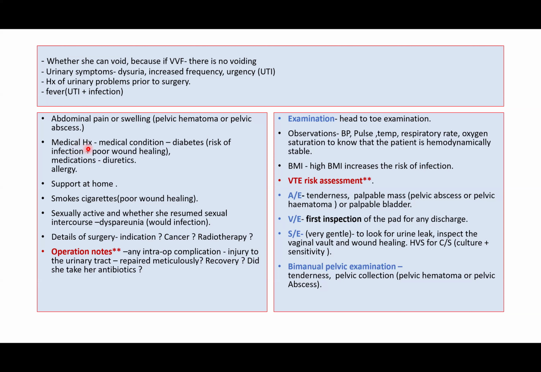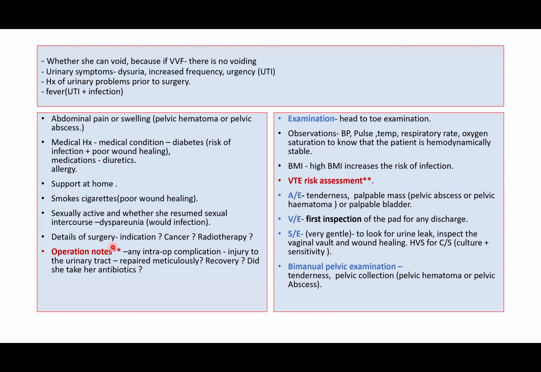I would like to know about her medical history, whether she has any medical condition like diabetes, because it can increase the risk of infection and poor wound healing. Whether she is on any medications like diuretics, whether she has any allergy, because we have to give her medications. And how about the support at home, whether she smokes cigarettes, because this is associated with poor wound healing. Whether she is sexually active, has resumed sexual intercourse, and if she has dyspareunia, it is indicative of wound infection.